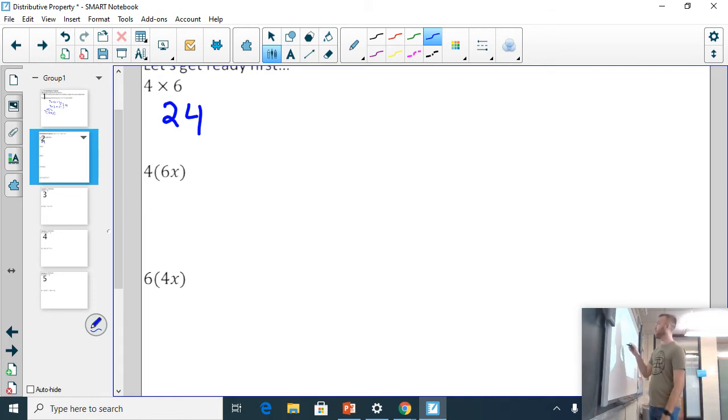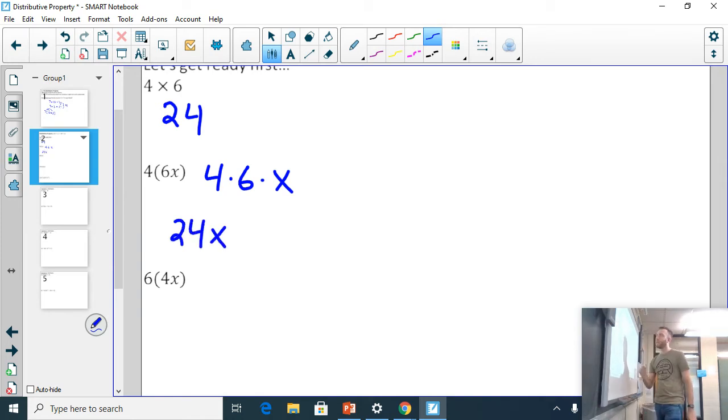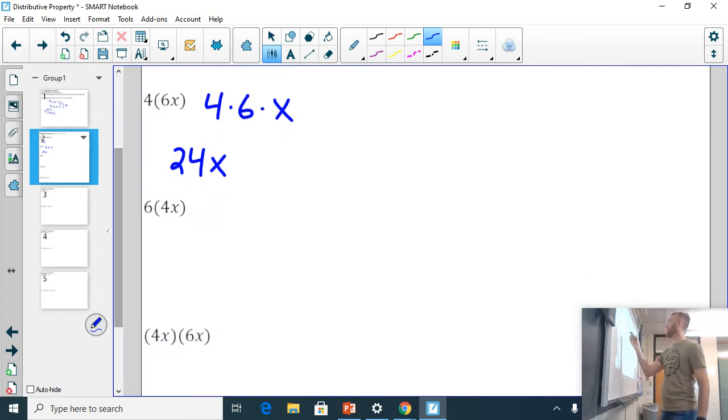Well, remember, you can multiply in any order, and 6x is really just 6 times x. So we could do 4 times 6, which is 24, as we just did above, and then that x still just sits out front. And now here is just illustrating that, again, you can multiply in any order, so 4 times 6x is going to be the same as 6 times 4x, right? We're just going to get 24x again, because we just multiplied the 6 and the 4 together.